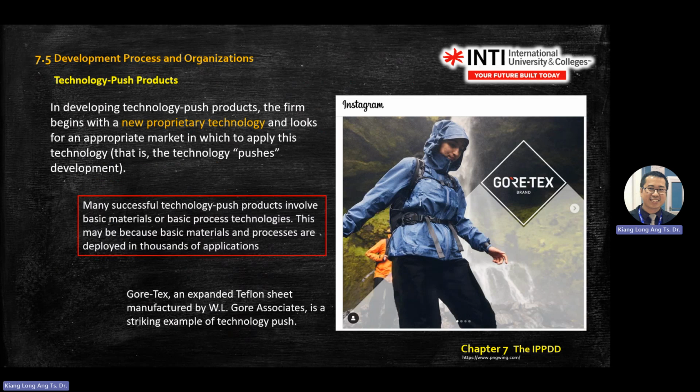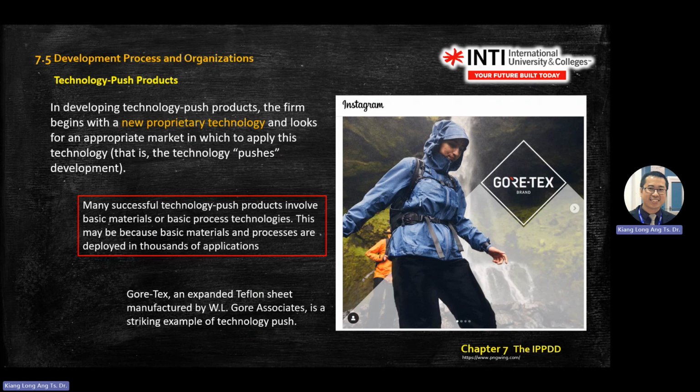Another one is technology push products. What do I mean by technology push products? Many successful technology push products involve basic materials or process technology. This may be because basic materials and processes are deployed in thousands of applications. One example that you see on the screen here is Gore-Tex.